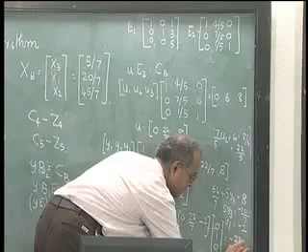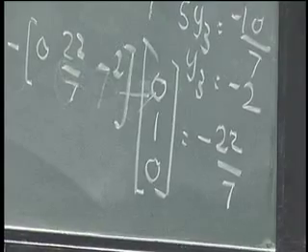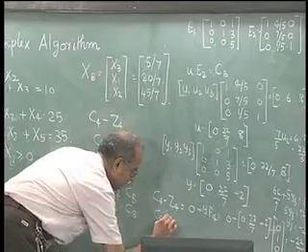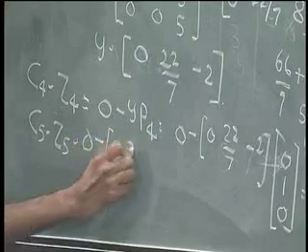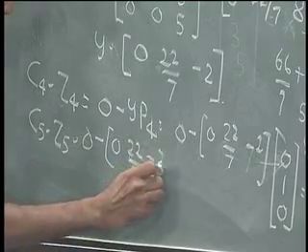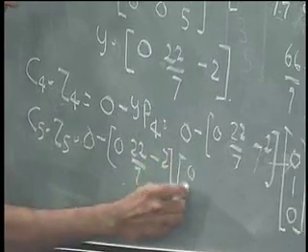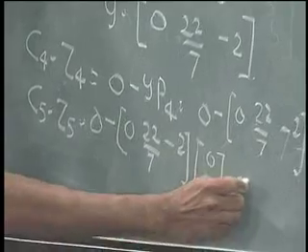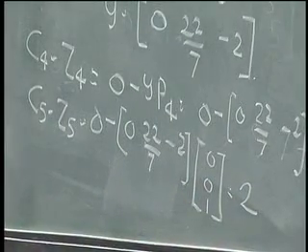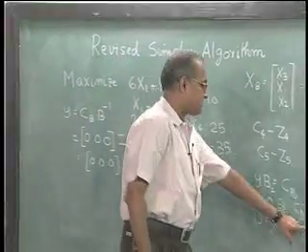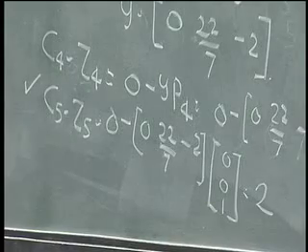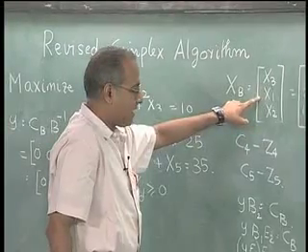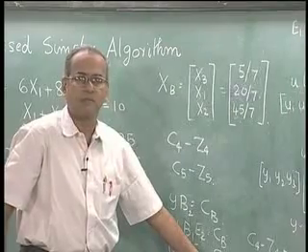So, this will be minus 22 by 7, and C5 minus Z5 is equal to 0 minus 0, 22 by 7, minus 2 into 0 0 1, which is plus 2. So, now C5 minus Z5 is positive, therefore, variable x5 will enter the basis. So, this basis is not optimal and variable x5 will now enter this basis.